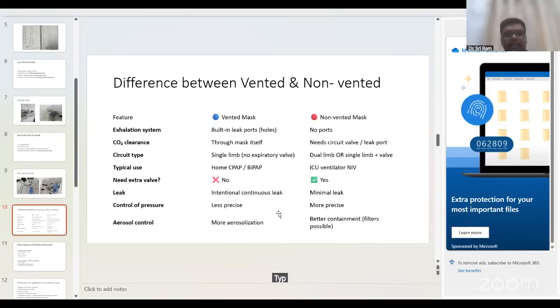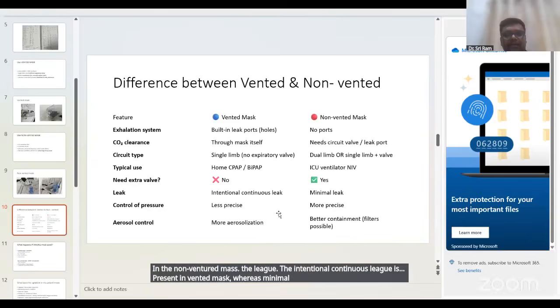Typically, we use the vented mask in home CPAP and BiPAP, whereas the non-vented mask we use with an ICU ventilator. We don't need an extra valve in a vented mask, whereas we need one in a non-vented mask. The intentional continuous leak is present in the vented mask, whereas minimal leak can be seen in the non-vented one.